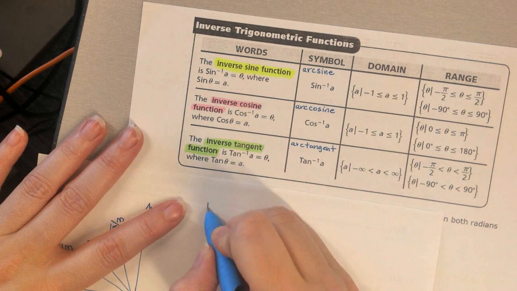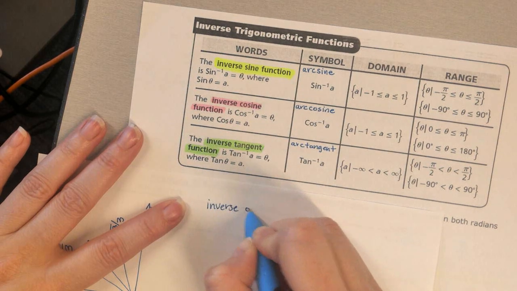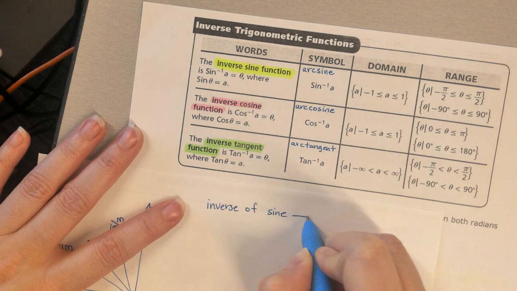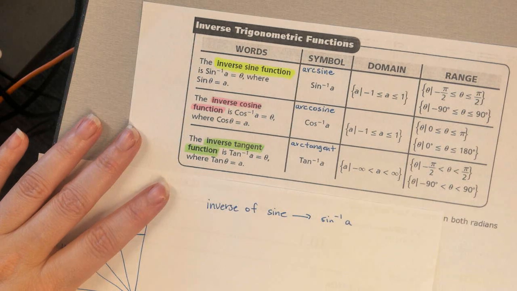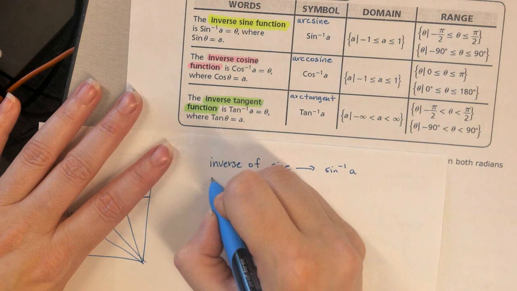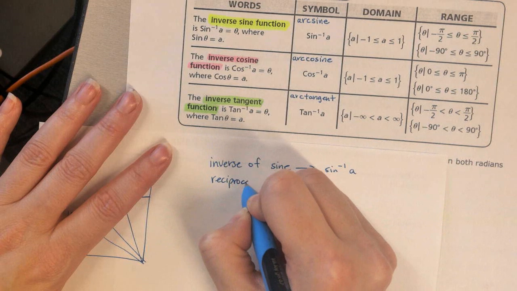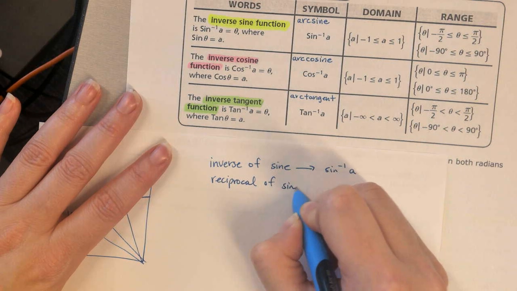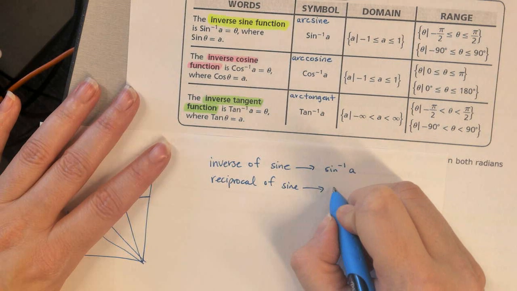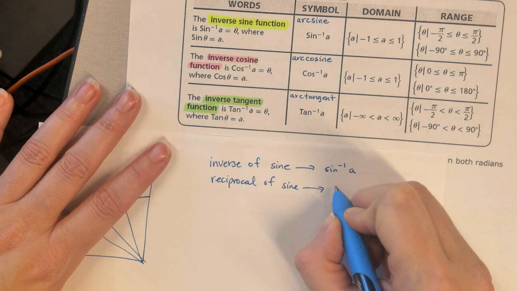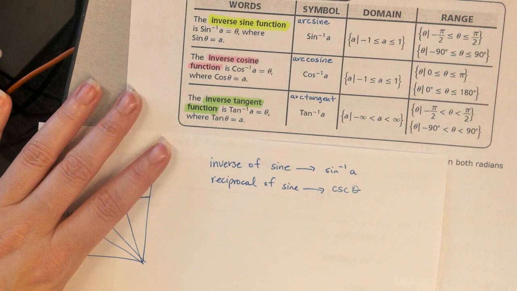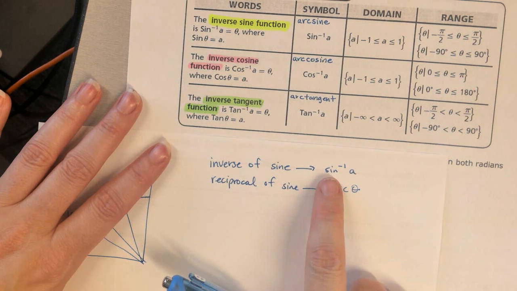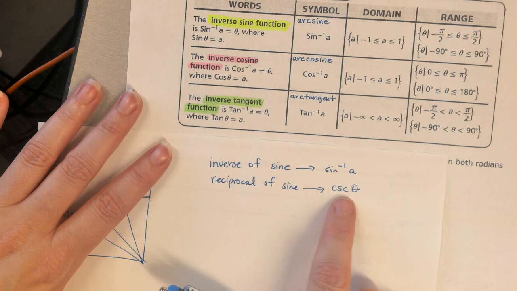The inverse of sine is going to be the sine inverse of a value. So it could be A. What is the reciprocal? What's the reciprocal of sine? What's that called? Yeah? And that would look like this. Okay, so the inverse is the sine inverse. This is going to be the cosecant.